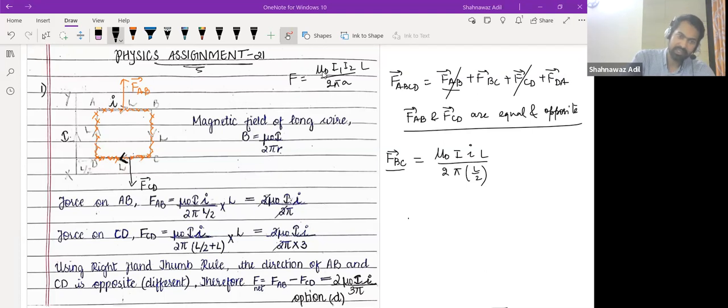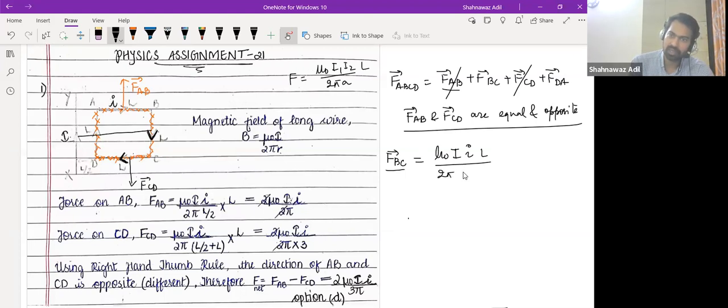So the current is moving in BC. Oh, in BC. Okay, so we are calculating in BC, right? So in BC, the current is going downward, and the magnetic field is inward, so we have to find out the magnitude part. We already know this is I, length is L, and this distance from here to here is L plus L by 2.